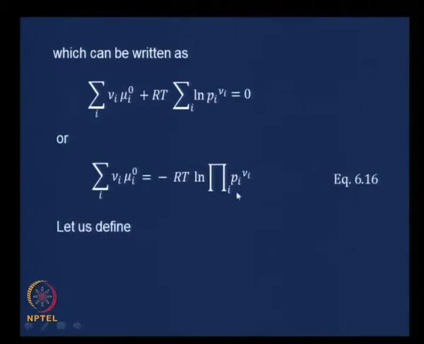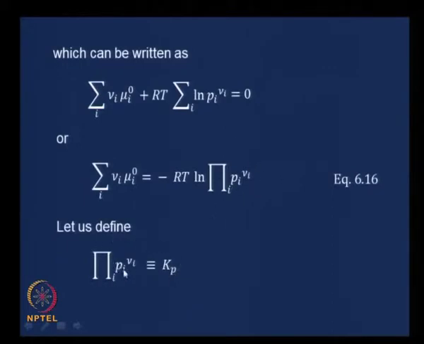And let us define this particular quantity, product over i of Pi power nu i, the partial pressure raised to the power of the stoichiometric coefficient for each of the species involved, as Kp. You would recall Kp, the equilibrium constant with respect to partial pressure, that essentially comes from this.